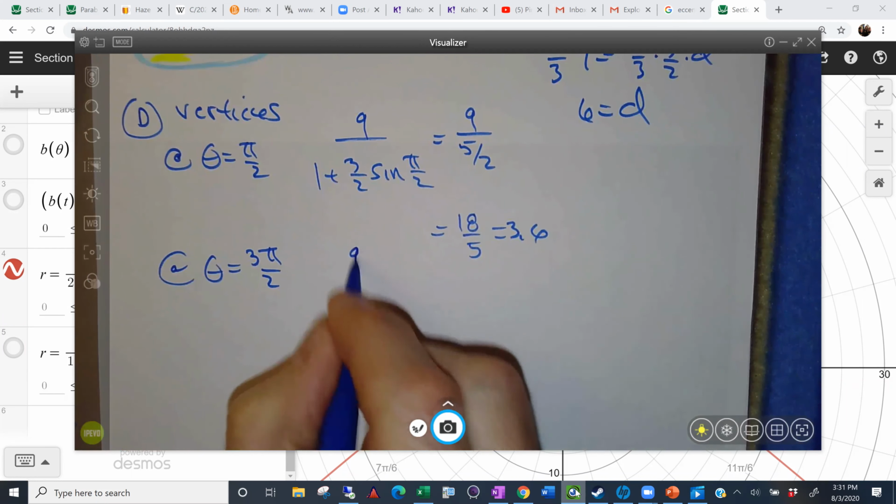Instead of the 1 that we got here, here we're going to get negative 1. We'll end up with 9 over negative 1/2, which is negative 18.